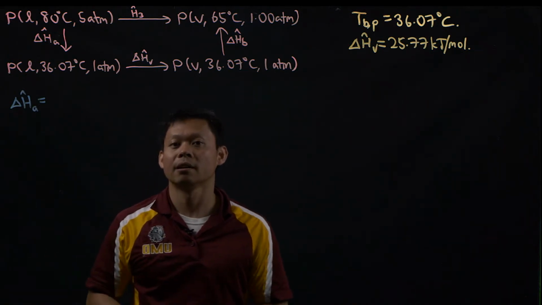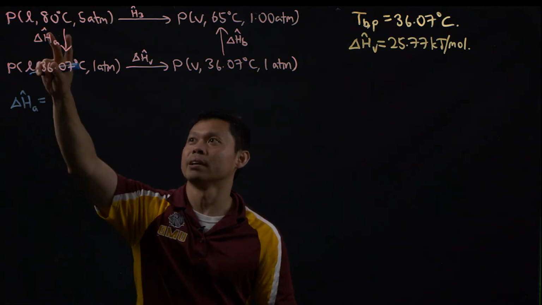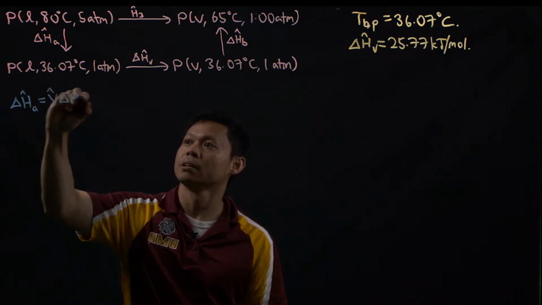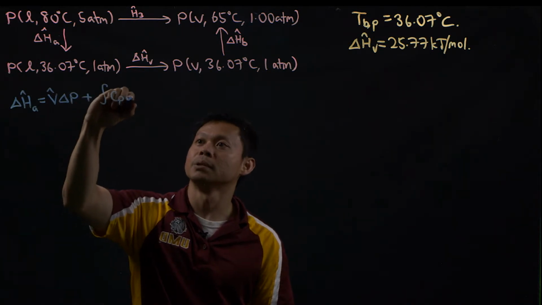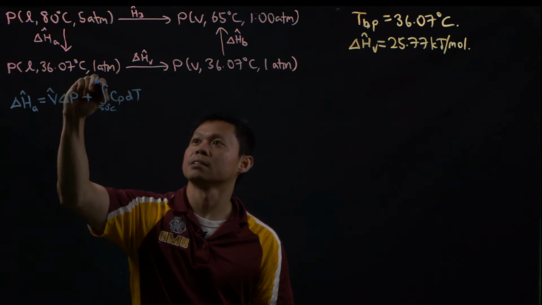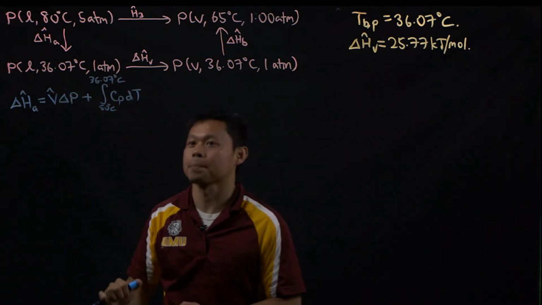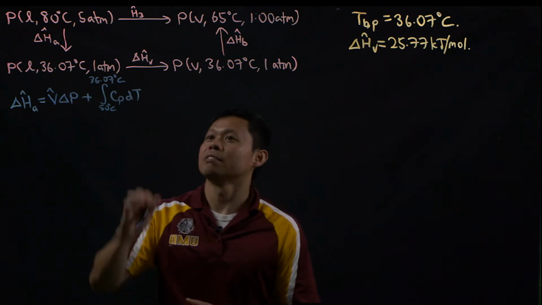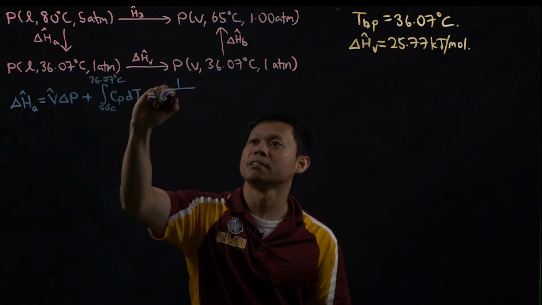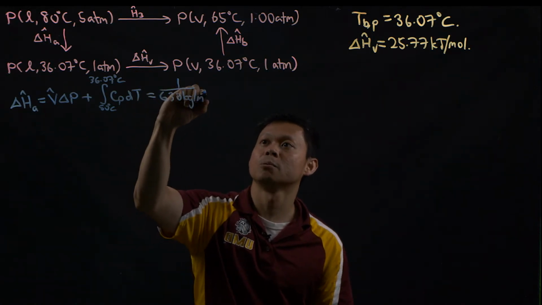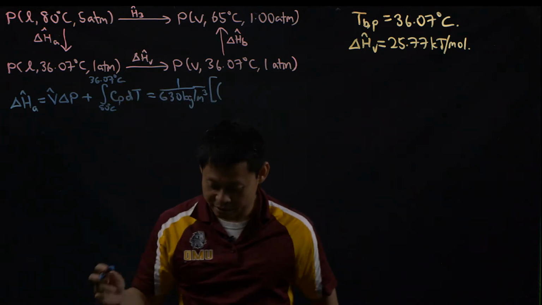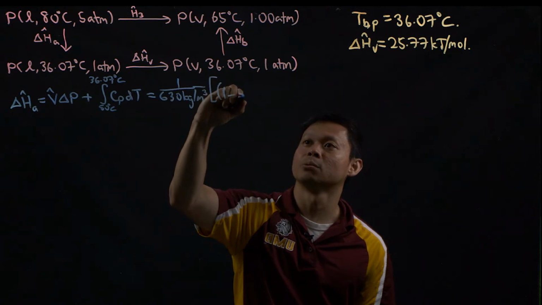So it's going to look a lot like our H1, where we are in the liquid phase and changing both temperature and pressure, which means we have a V hat delta P plus a Cp dT, in this case going from 80 degrees C to 36.07 degrees C. We have already looked up the specific gravity of our pentane, so we know this is 630 kilograms per meter cubed. Here we are again changing from 1 to 5, which is going to look almost identical to what we had before.